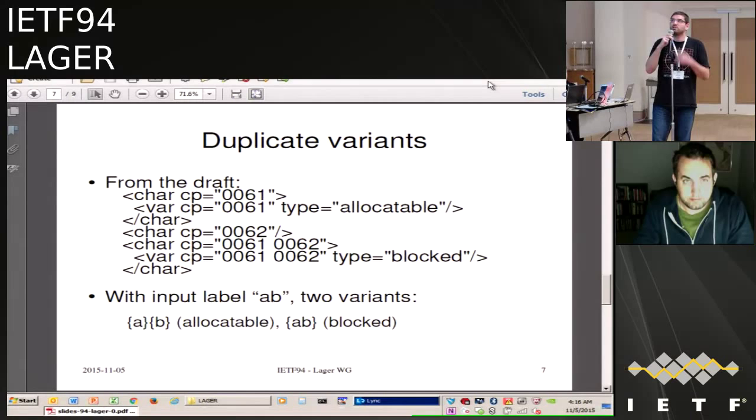You can see that we have two code points, A and B, with A having a reflexive mapping, and then we have the sequence composed of A and B. So if you input the label AB, you get back two variants, which are A, B composed with the reflexive mapping of A, and then the sequence AB. And both of them have different dispositions, and so this is an error.